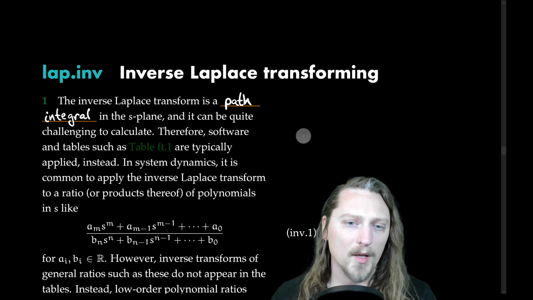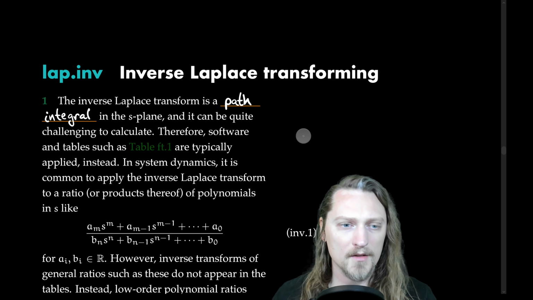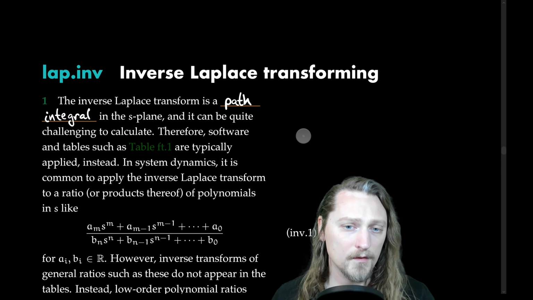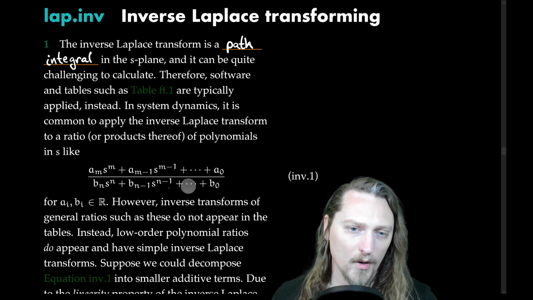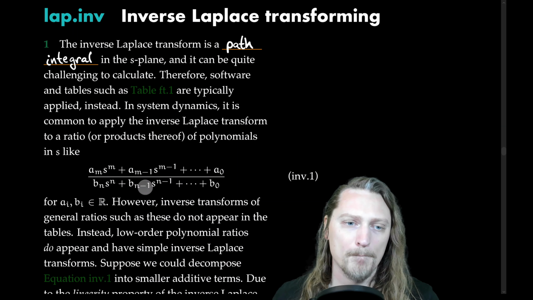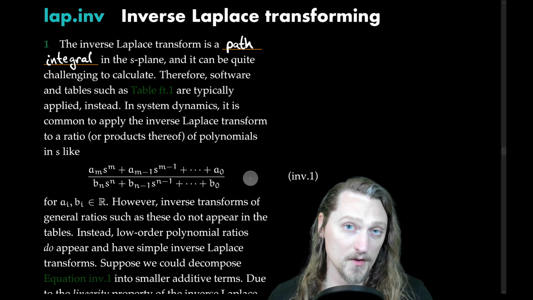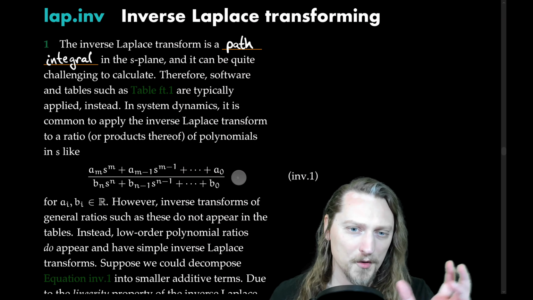In system dynamics, it is common to apply the inverse Laplace transform to a ratio, or products thereof, of polynomials in S, like the one shown here. Okay, polynomial of S in the numerator, polynomial of S in the denominator. Sometimes there are multiple factors of these ratios of polynomials in S multiplied together.